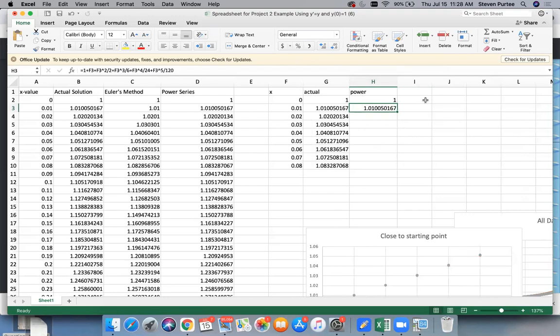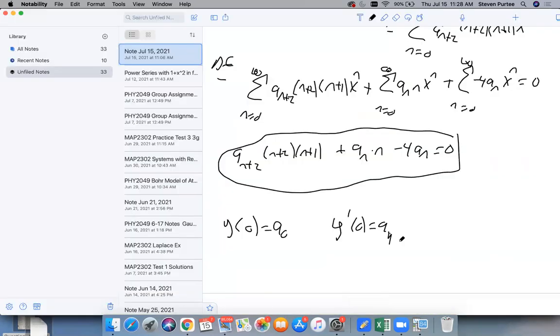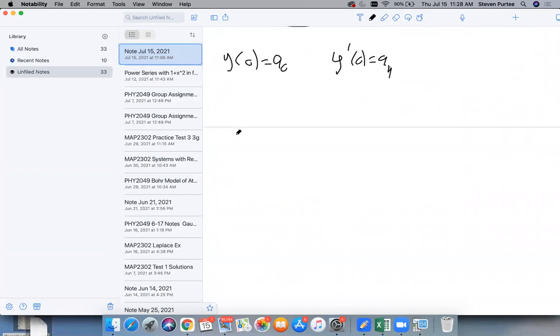Okay, now Euler. So remember Euler's. We're just using linear approximation. Euler's is f of, say, x_n is approximately equal to the previous one plus the derivative at the previous one times your change in x.